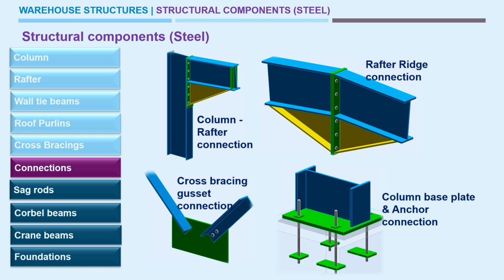But with a reduced available length, say 12 meter, if the rafter span goes more than 12 meter or 18 meter, then we need to break it at some length, say 9 meter, and in that area we need to provide splice connections. If the length of the member is available at site, then there is no requirement of splice connections.